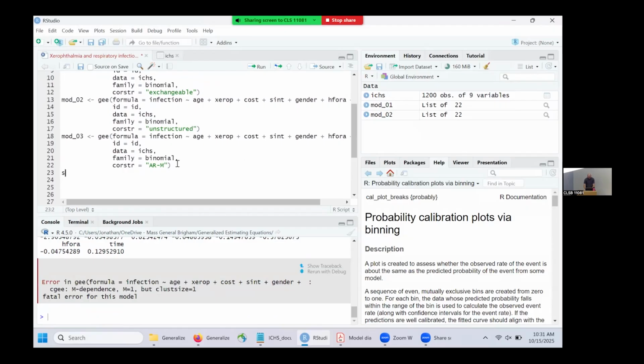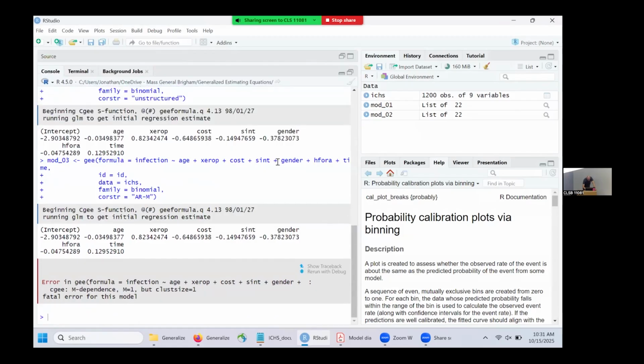Yeah, we got some errors. Fatal error. Cluster size equals to 1. So like Emanuele pointed out, we have a fatal error for our third correlation structure, the autoregressive one.